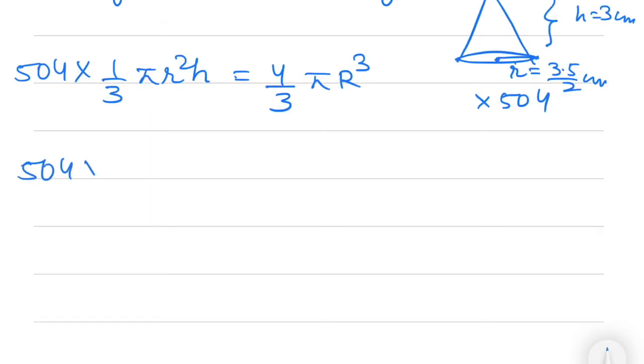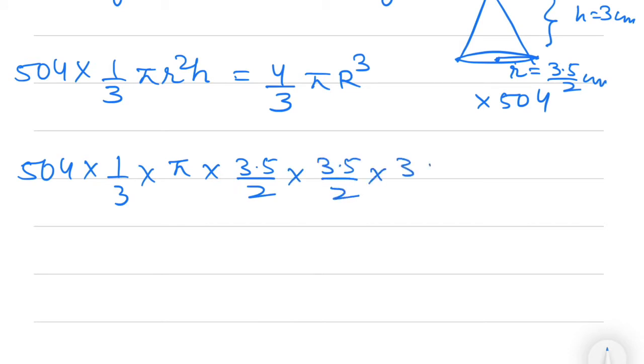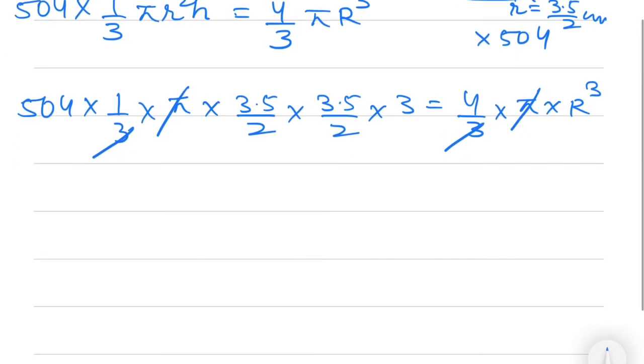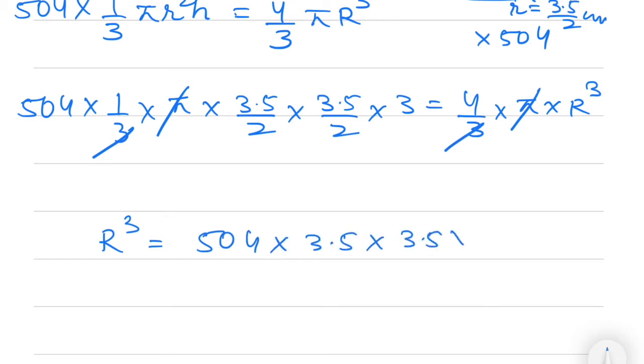So we have 504 into 1 by 3 into pi into radius is 3.5 by 2 into 3.5 by 2 into height is 3 is equal to 4 by 3 into pi into R cube. So pi gets cancelled, this 3 gets cancelled. So we have R cube is equal to 504 into 3.5 into 3.5 into 3 divided by 2 into 2 into 4.